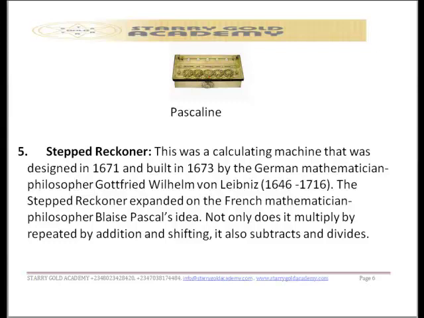The next one which I consider is called stepped reckoner. Stepped reckoner was a calculating machine that was designed in 1671 and built in 1673 by the German mathematician philosopher Gottfried Wilhelm von Leibniz, who lived between 1646 to 1716.